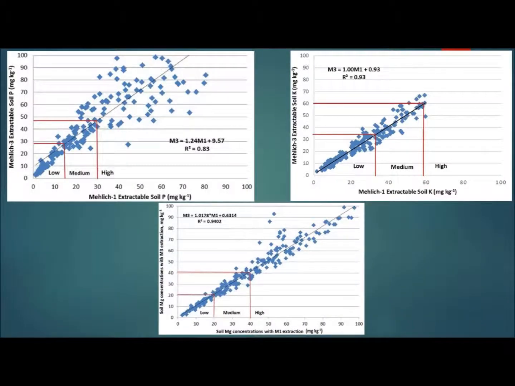I'll just quickly go through these graphs for a minute here. These are the same graphs that you see in the fact sheet. This is what we use to draw those low, medium. In this graph, take any graph, say between low and medium, those red lines, that whole length of the graph gets the same recommendation.